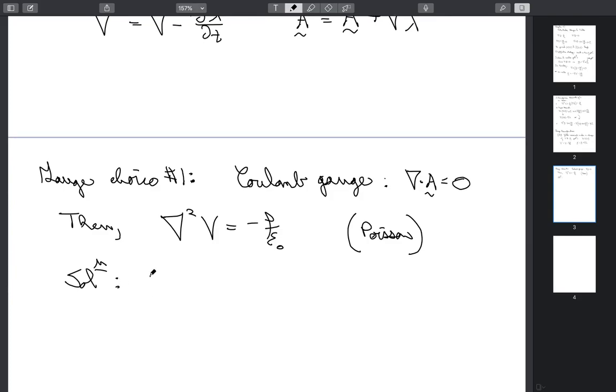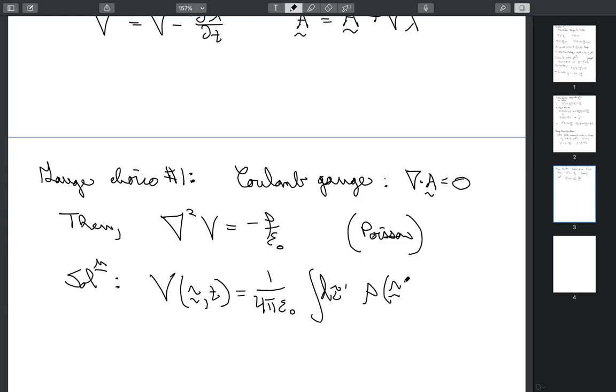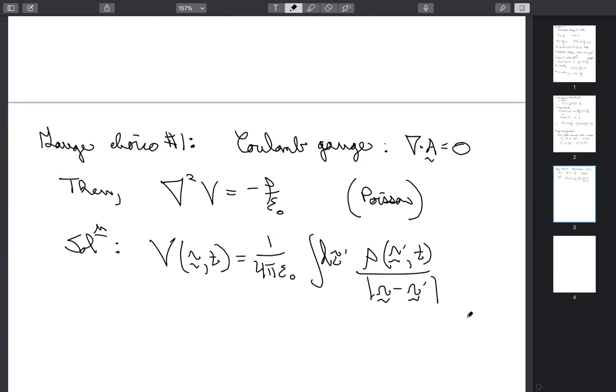The solution for this is the following: the integral over the whole volume of the charge distribution at r prime and t, divided by r minus r prime. Okay? So this is kind of a funny thing, because although the solution is explicit, it's an equal time condition.